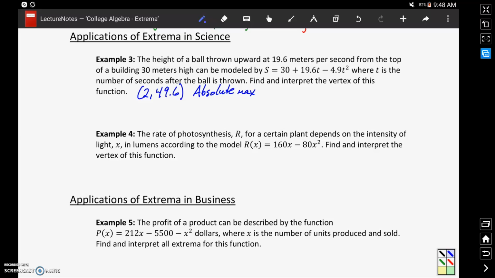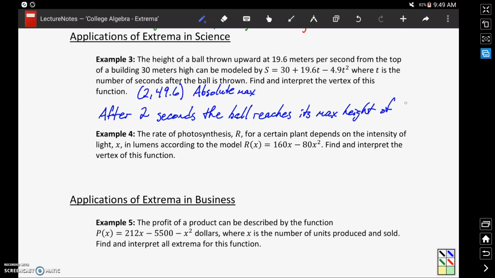So this maximum tells us, since it's an absolute maximum, that after t equals 2 seconds, the ball reaches its maximum height of 49.6 meters.